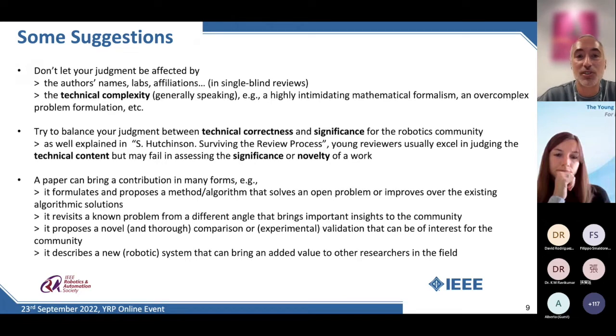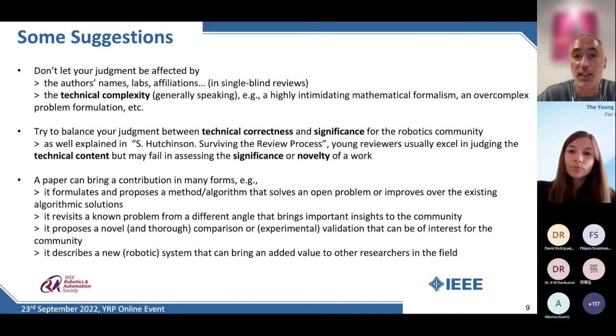This shouldn't scare you. In general, this is not a good point of the paper if this is the only contribution, at least in our community. If the technical content is very complicated or intimidating, but at the end of the day you feel that the contribution is small, don't be afraid to say this openly.